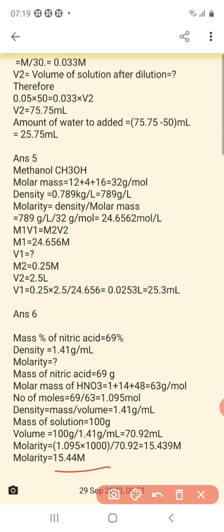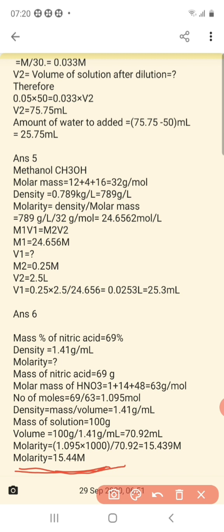This question can further be continued. Suppose you have a solution having molarity 15.44 molar, and you have to prepare 50 ml of M/20 solution from the stock solution of nitric acid, that is the concentrated or reported nitric acid.